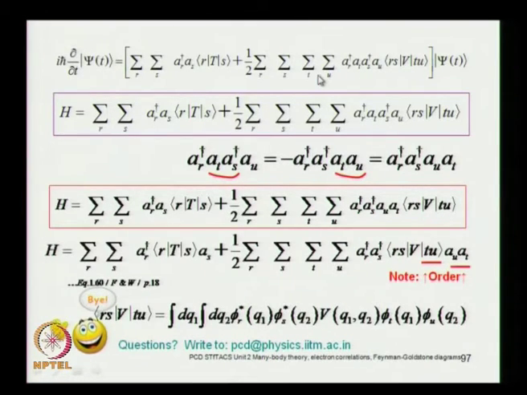All the correlations can be built in, and now you must keep track of the order in which these operators come, because the fermion operators anti-commute unlike the boson operators. In the case of boson it does not matter. In the case of boson you also do not have those phase factors which you have in the case of fermions.